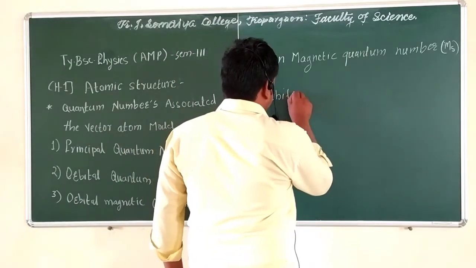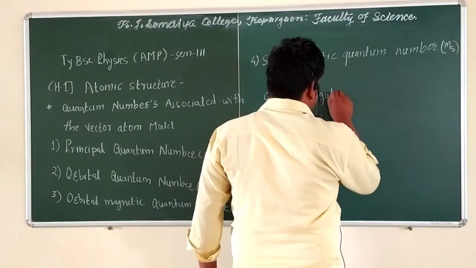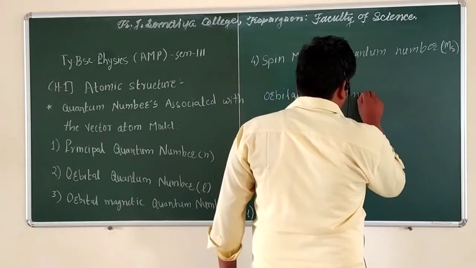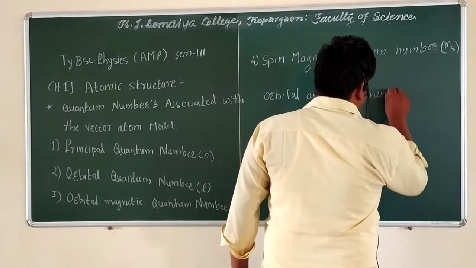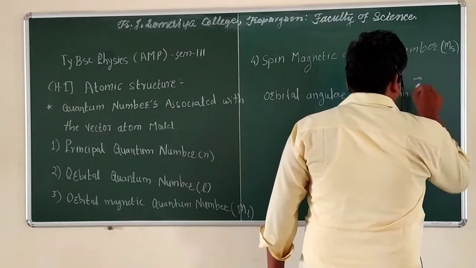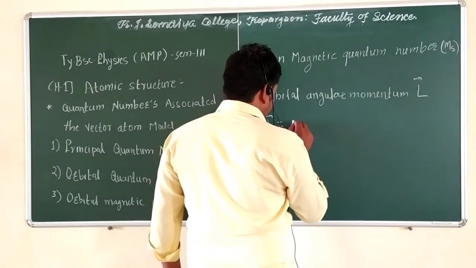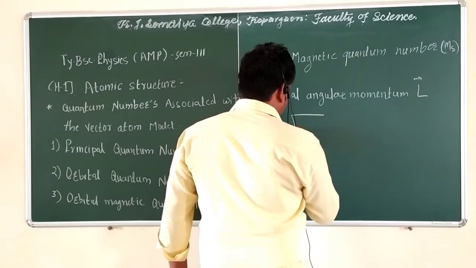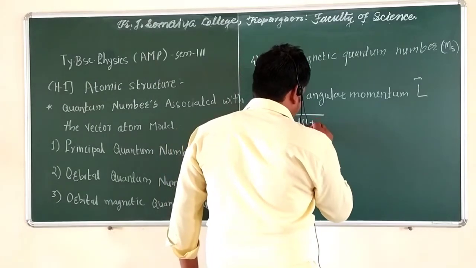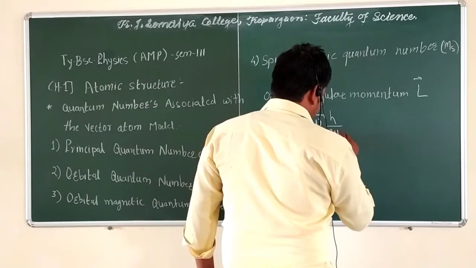The orbital angular momentum, capital L, is given by L equals the square root of l into l plus 1, times h upon 2 pi.